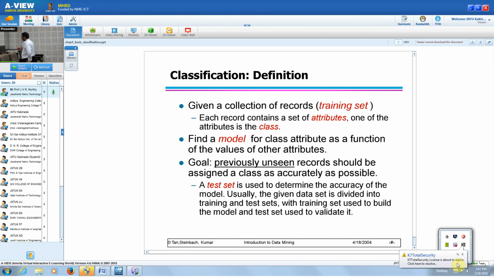So you use the training data to arrive at the rules for the model. After getting the rules, you will test it and you get the result. Okay? If it is good, then your classification is good.